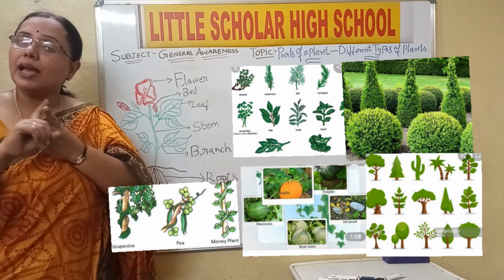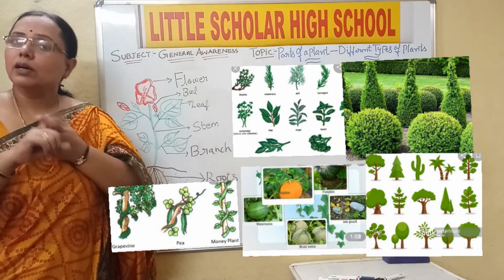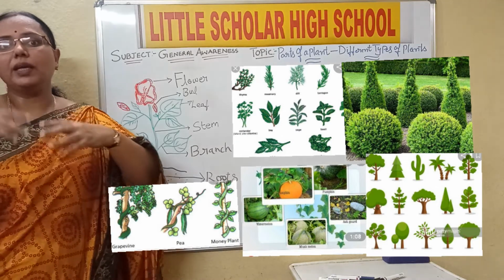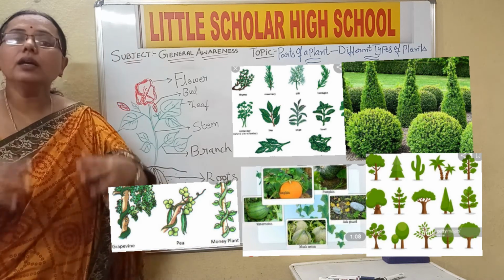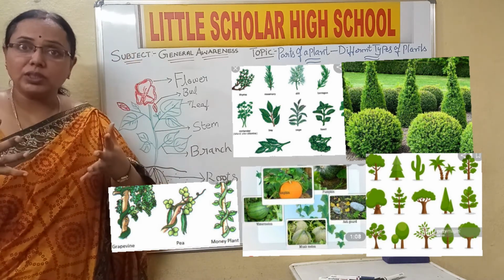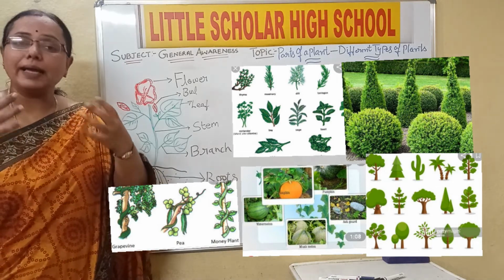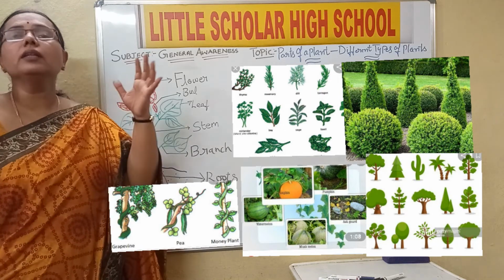Then we have the creepers, like pumpkin and watermelon. Then we have big huge trees. These trees are like the neem tree, mango tree, banyan tree. Trees are very big in size.